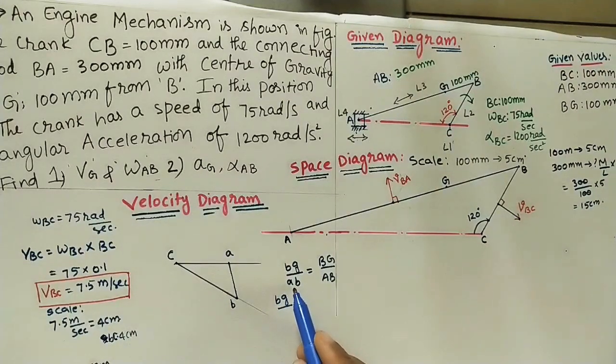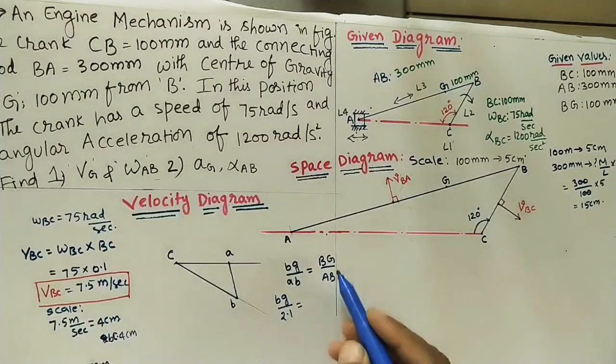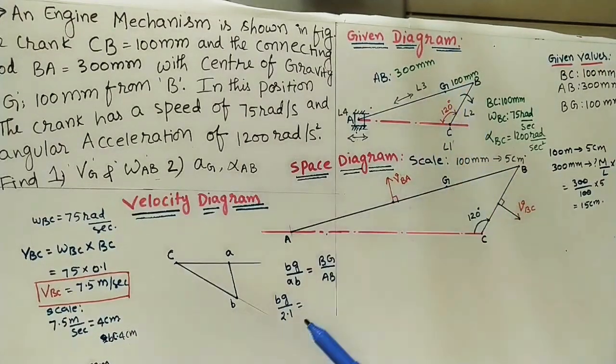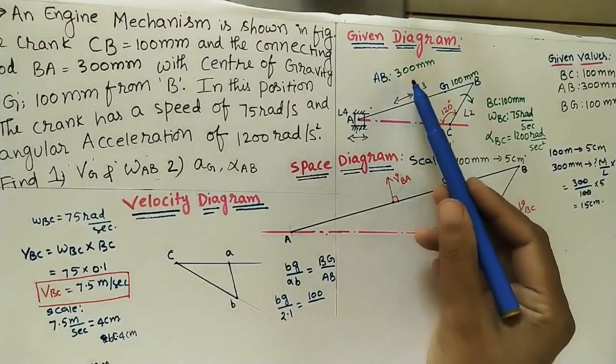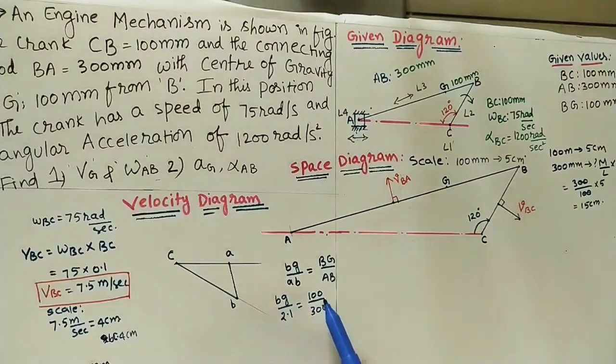What is the AB value? AB we just now found, it is 2.1 centimeter, is equal to BG value, which is given as 100 mm. What is the AB value? AB is given as 300. Always remember in ratios, whatever units we take here, take the same units here also. Cancel it.